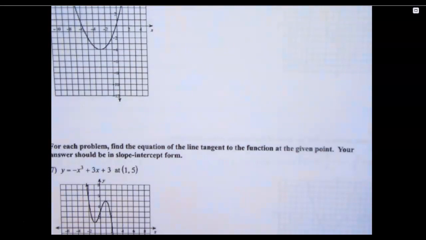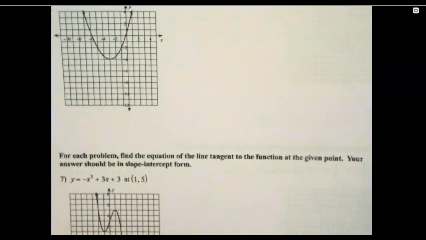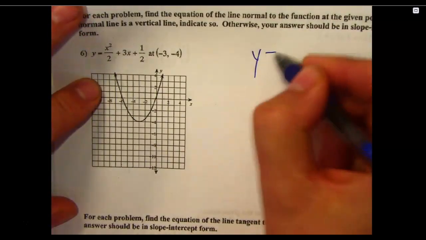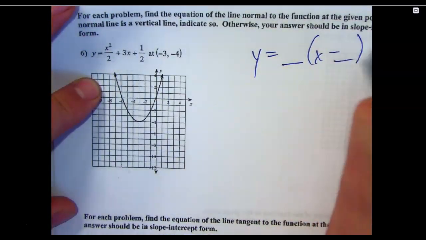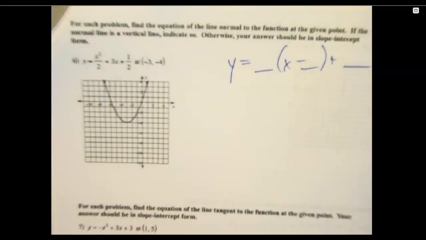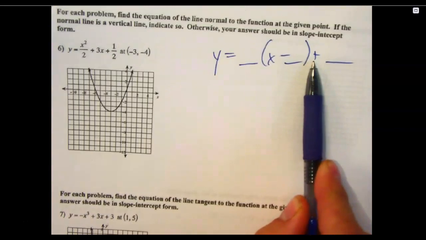Let's do one more. Let's do 6. So y equals blank times x minus blank plus blank. So did I put a minus here last time, like at the very beginning?